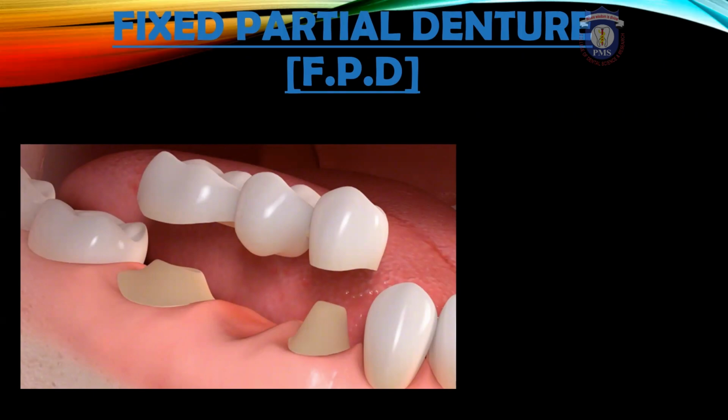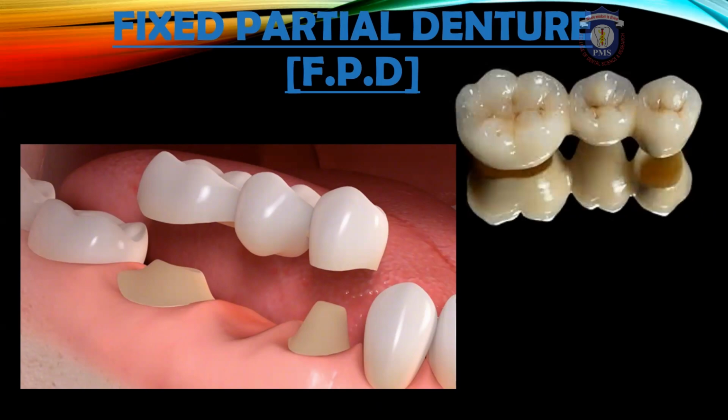In this 3-unit, the middle one is the pontic, and both the other teeth are the abutments, where the fixed partial denture is connected to the abutments, which come from the prepared teeth. This FPD is to be fixed with the help of cements. So this is a fixed partial denture where a single tooth is missing.